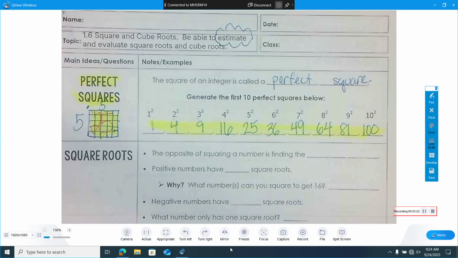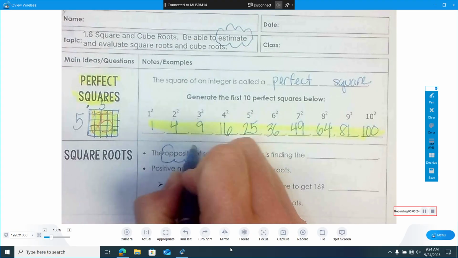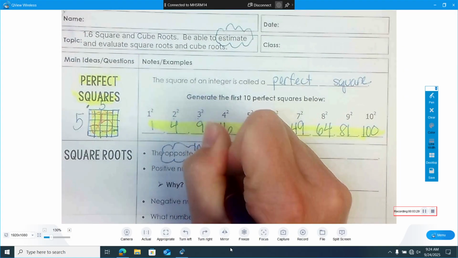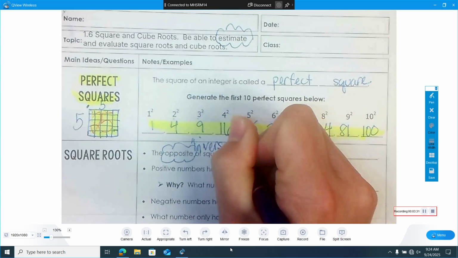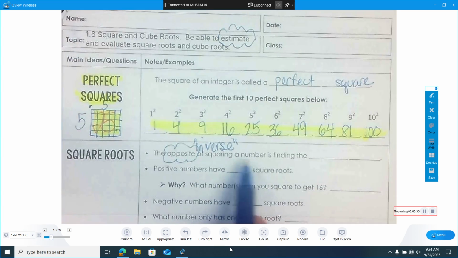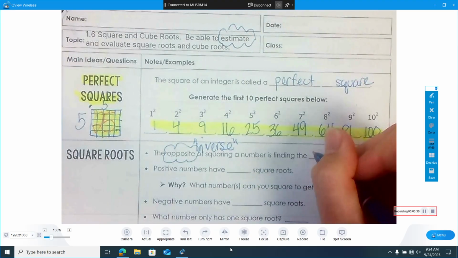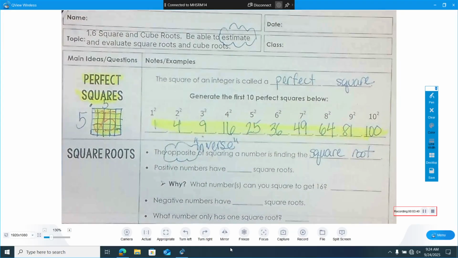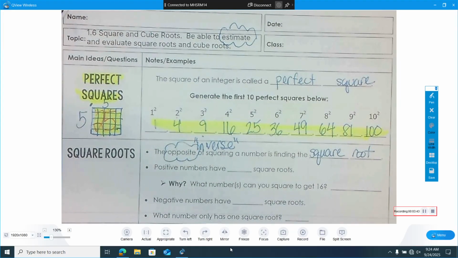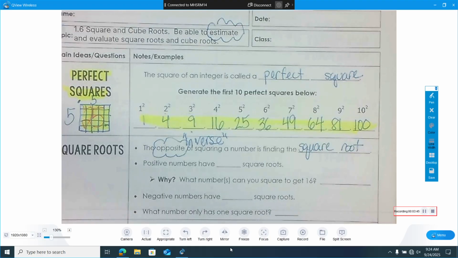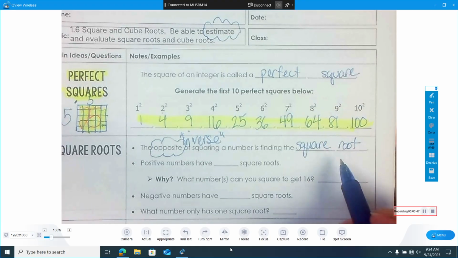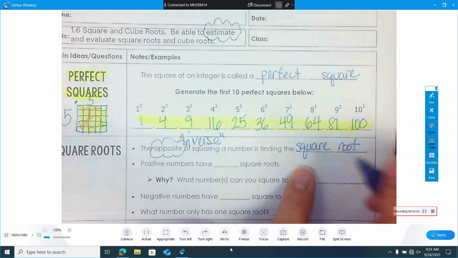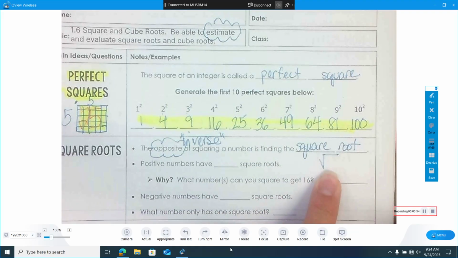Now, the opposite, I'm going to use the word inverse. The inverse of squaring a number is finding the square root. They're inverse operations. They undo one another. For instance, the square root is this symbol.